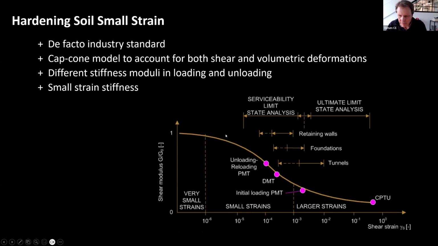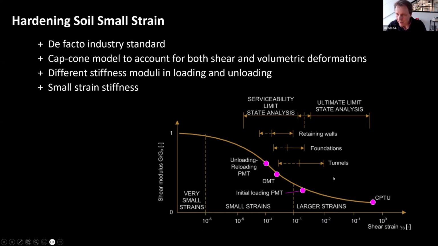And small strain stiffness is sometimes important, often not really that important, but soils at very low levels of strain have a much higher stiffness than under, let's say, normal levels of strain.